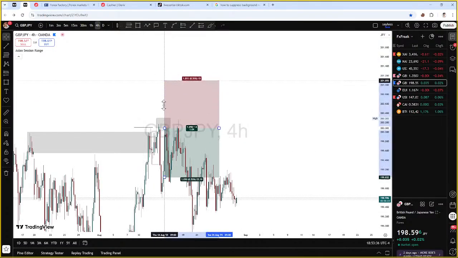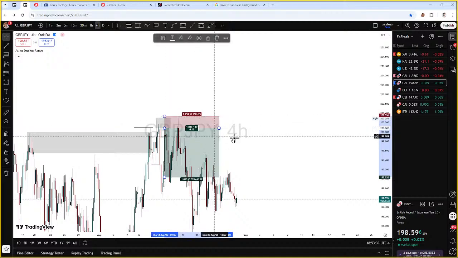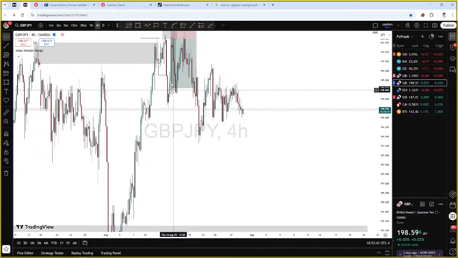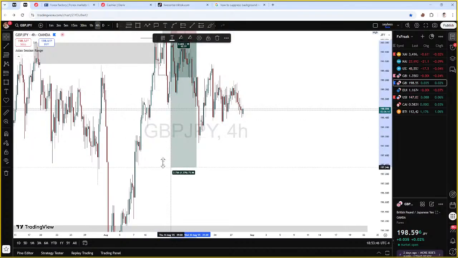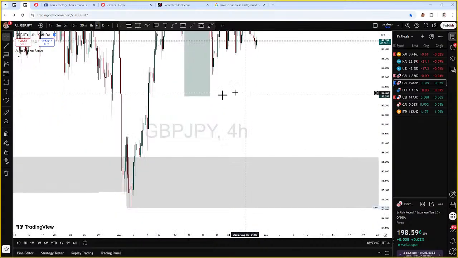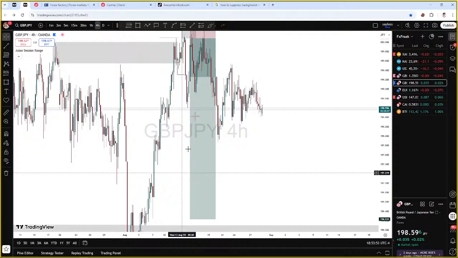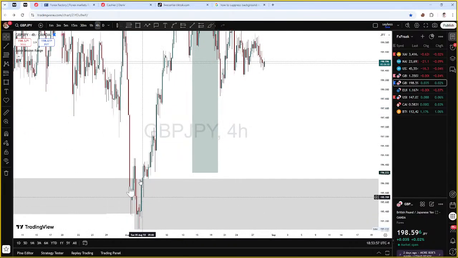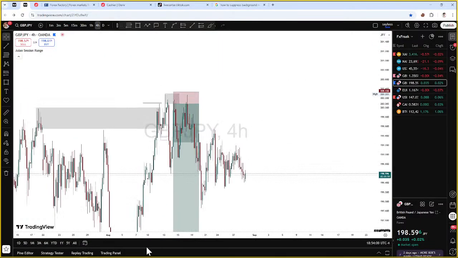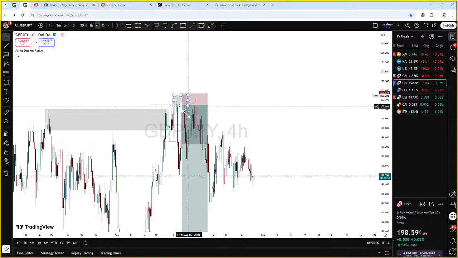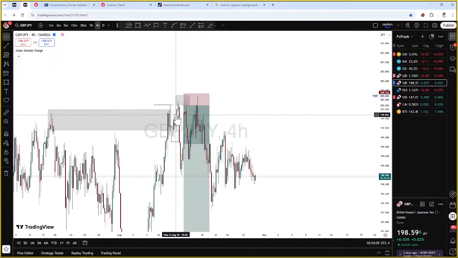The stop loss would have been somewhere above this area, and the target, and this is what I'm talking about, should be anything around 50%, any liquidity inside of this area, but the overall target will be this one, because that is where the change of character is heading to. Why? Because it is the origin of that move. And the last liquidity that you can find in that zone, which will be this one now, is what you'll be targeting. Now, this would have been a very jaw-dropping trade.